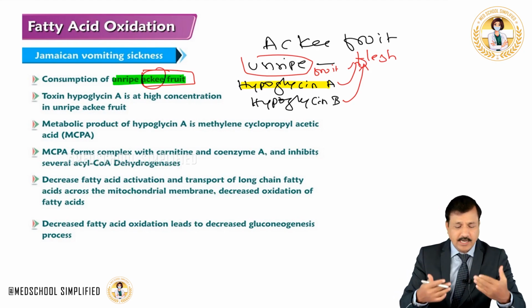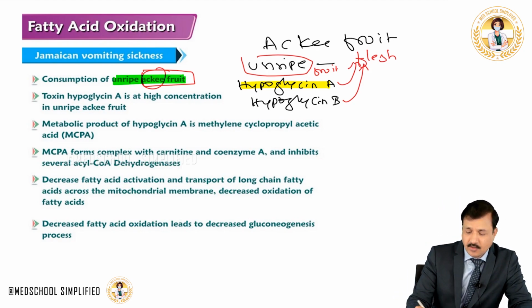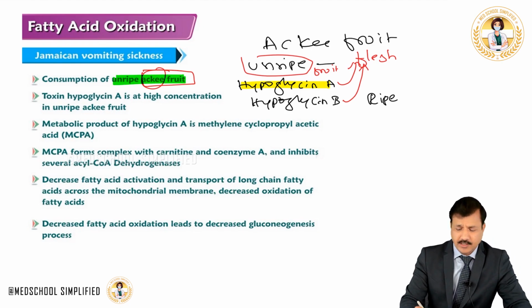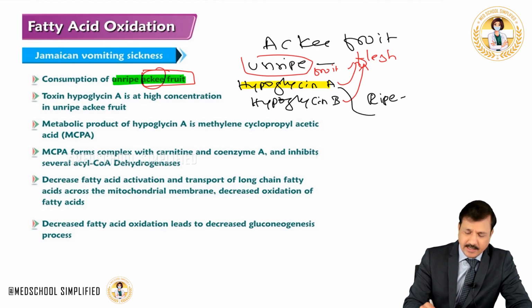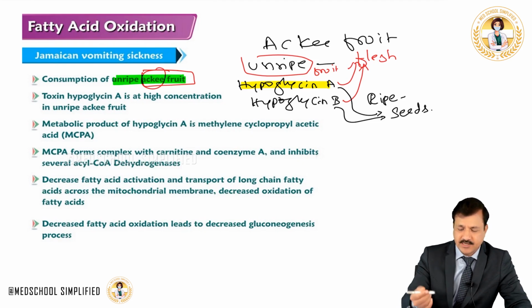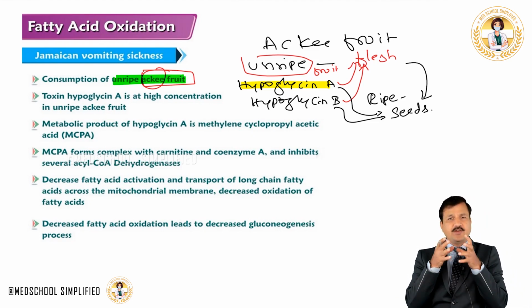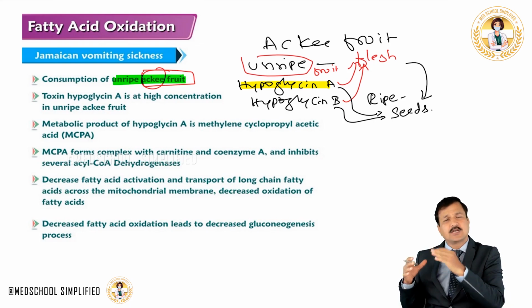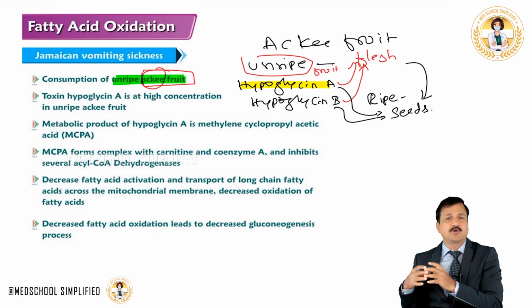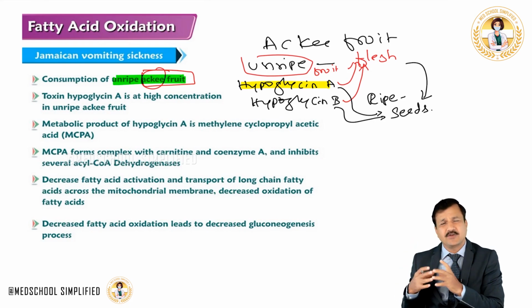When the fruit ripens, what happens? When the fruit ripens, at that time, hypoglycin A and hypoglycin B will be found in the seeds of the fruit. From the flesh, it will move to the seeds. That means the flesh of the fruit will have less or no hypoglycin A and B, in very low concentration.